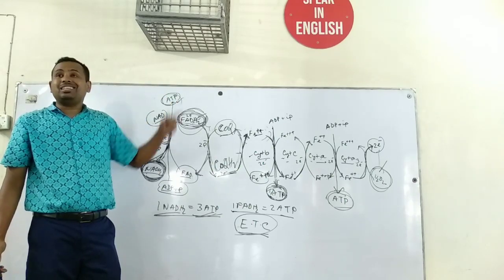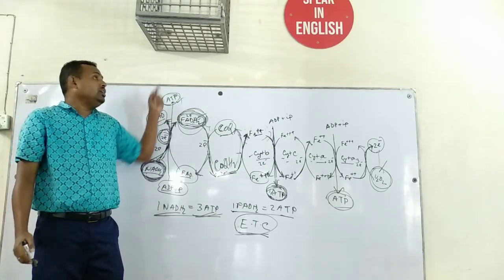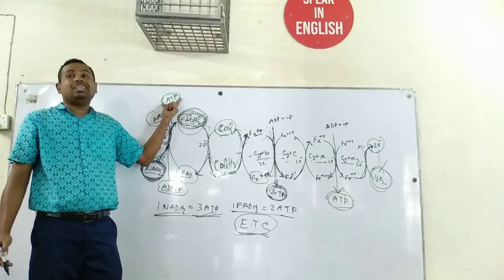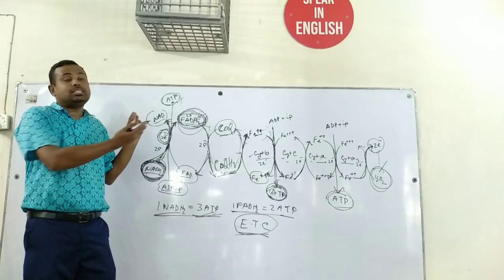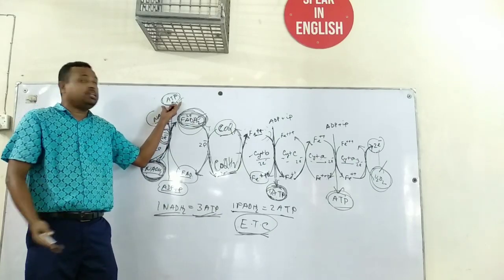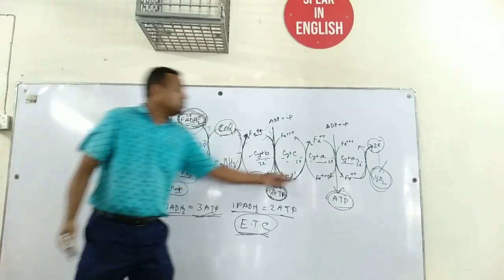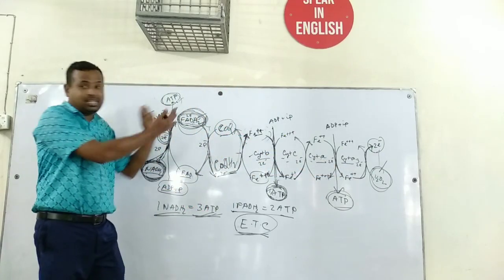In photosynthesis, producing ATP using light is called photophosphorylation. But here no light is present, because it occurs in the respiration process, and ATP is produced in the presence of oxygen. That's why it is called oxidative phosphorylation.